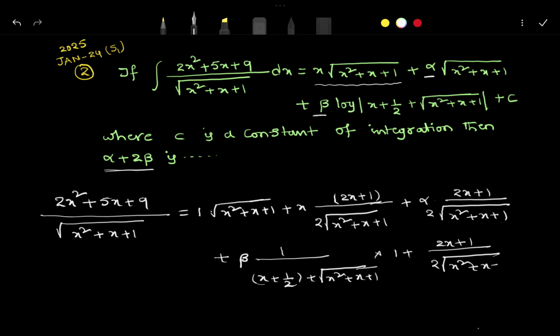So this is the derivative of log of x plus 1 by 2 plus root of x square plus x plus 1. I hope that everyone is clear about this value.